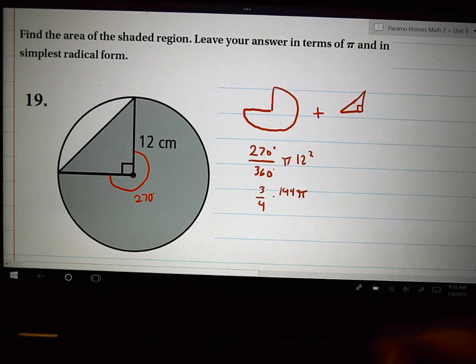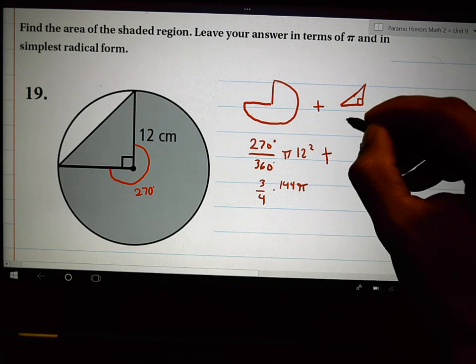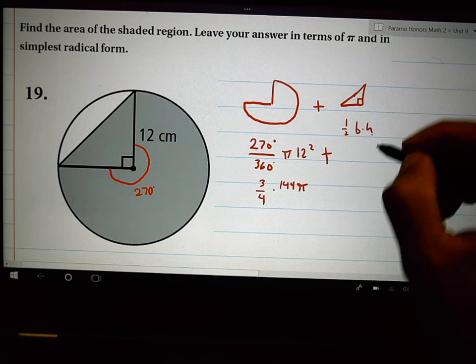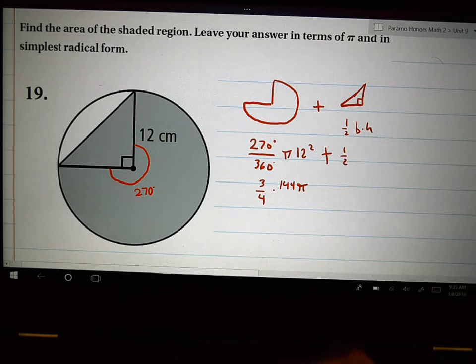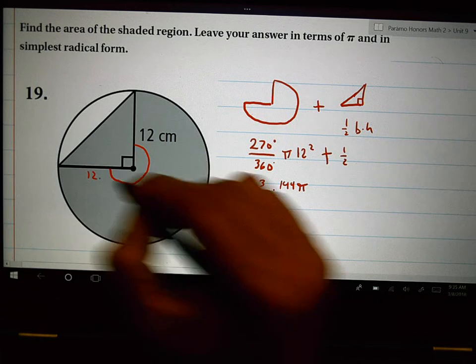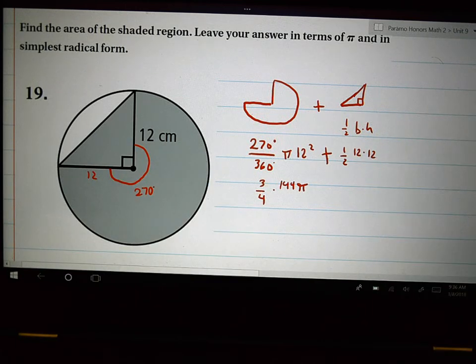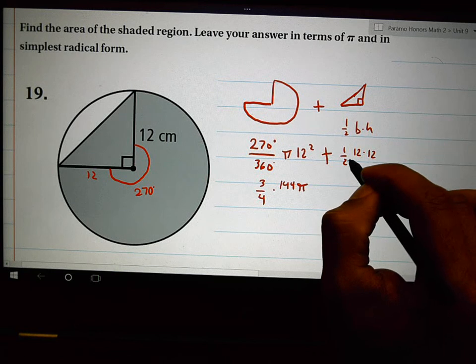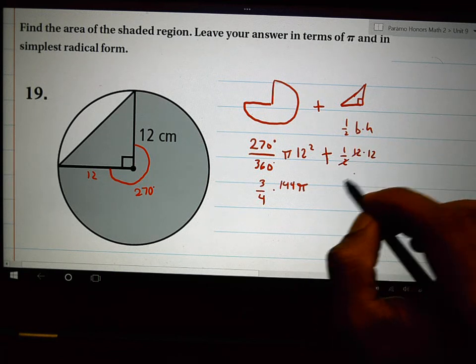Plus 1/2 the base times the height, and those need to be perpendicular to each other. What is my base? What is my height? I'm going to go 1/2 goes into 12 6 times, plus 6 times 12.